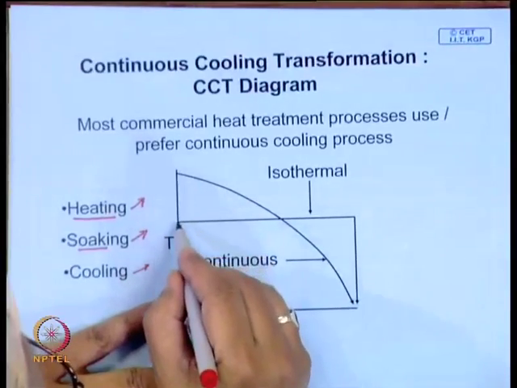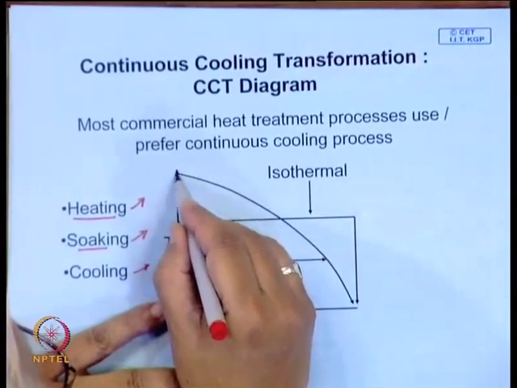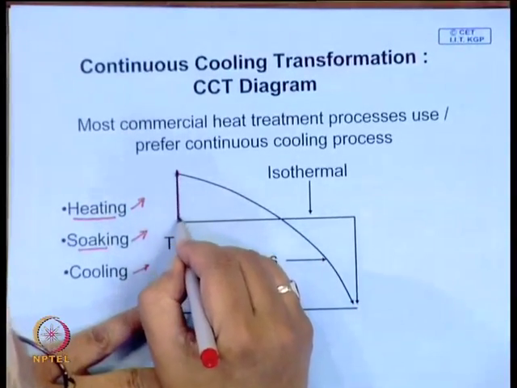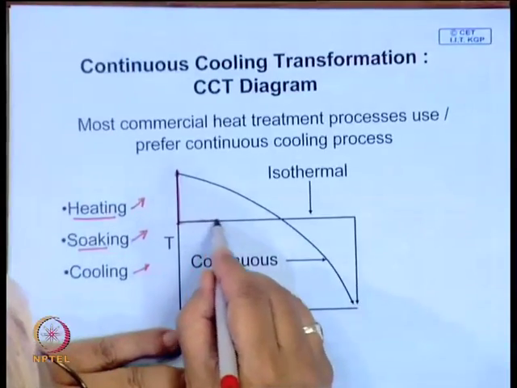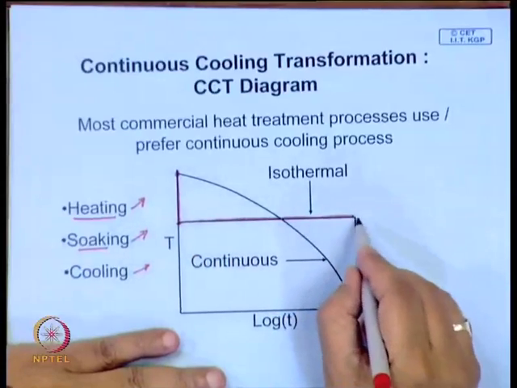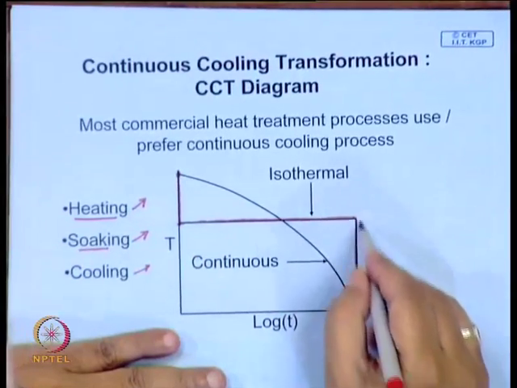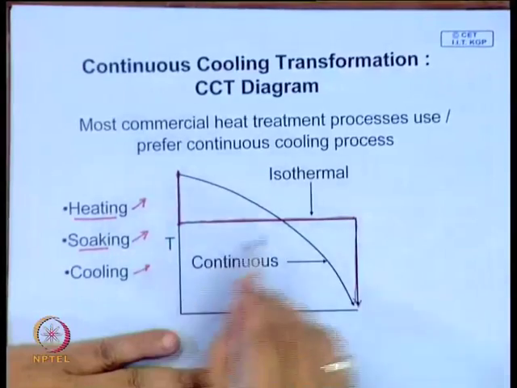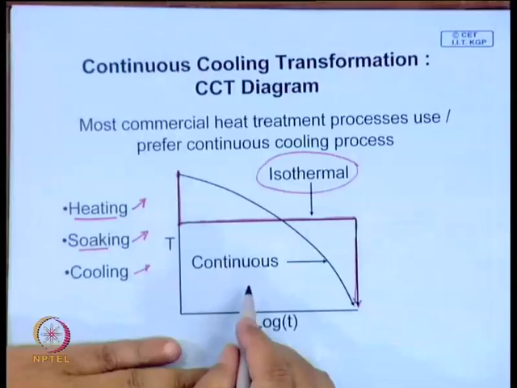We talked about isothermal cooling. Here, this is the temperature where the sample is heated, then you quench it to a bath maintained at temperature T, and keep it for sufficient length of time for the transformation to be completed. It does not matter whether you cool slowly or fast afterwards, the structure does not change. This is one kind of isothermal transformation.